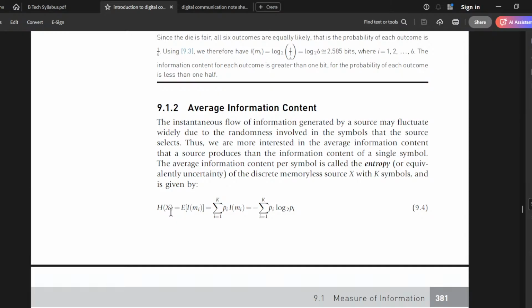And here we know that the information is log with base 2 of 1 by probability, or minus log 2 of probability. So here is the minus. So we can say this will become minus the sum over k of probability times log 2 of probability.